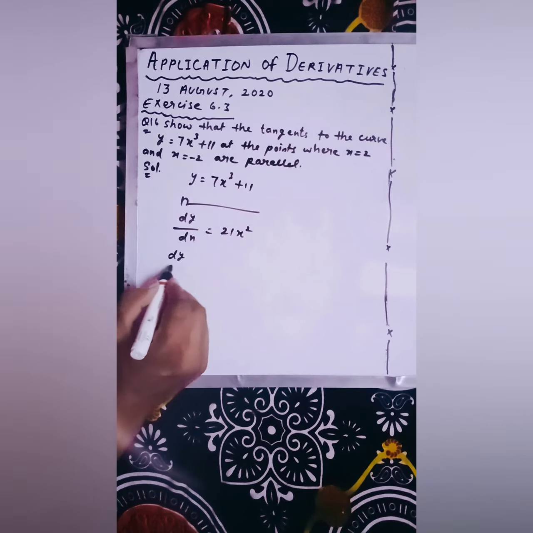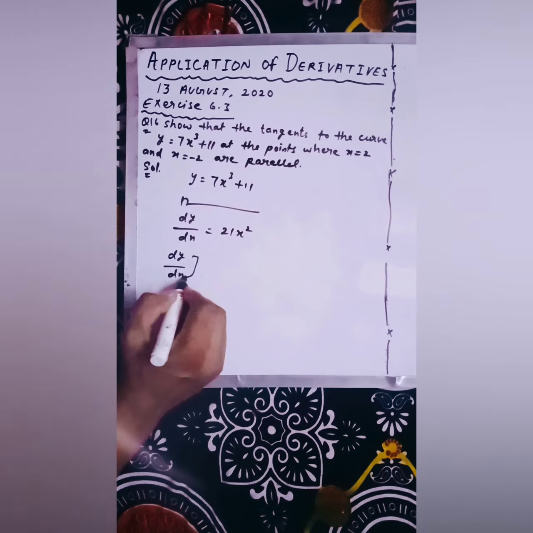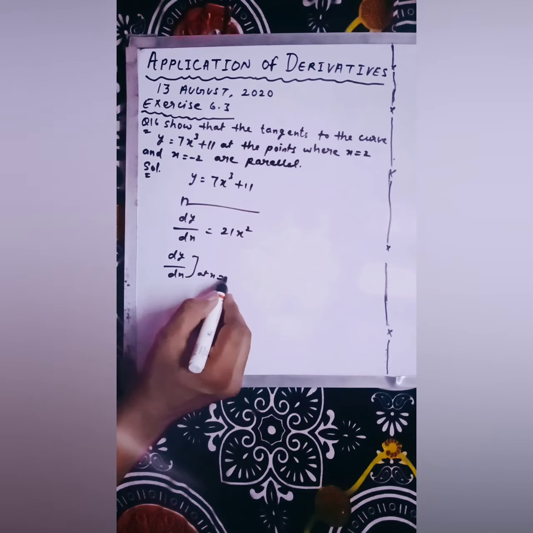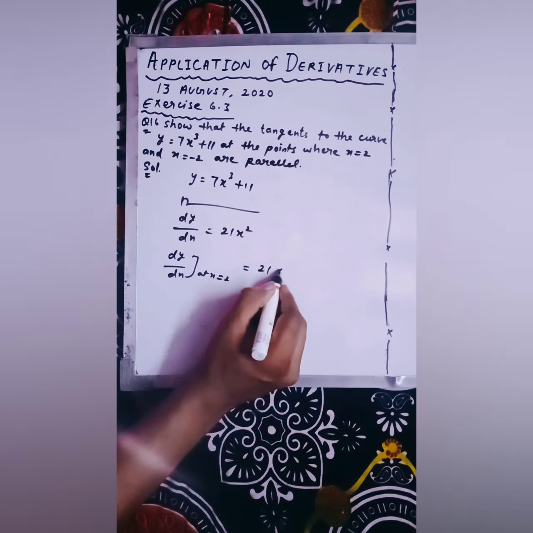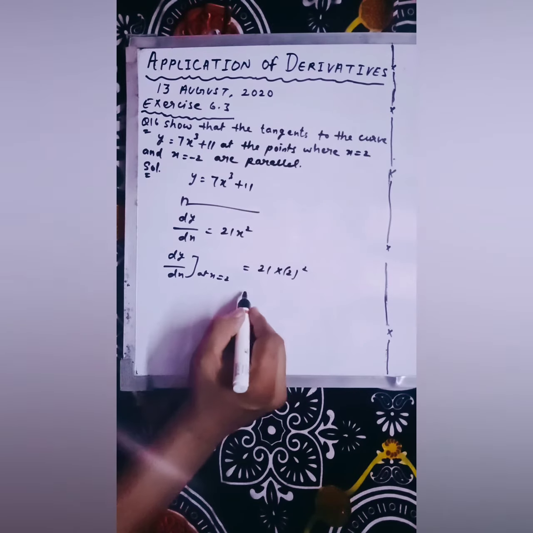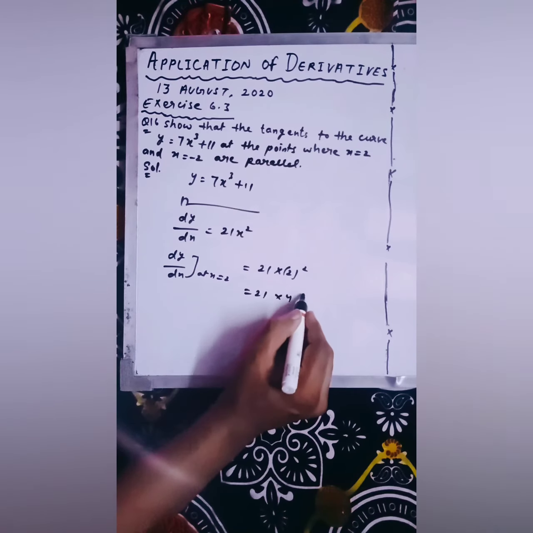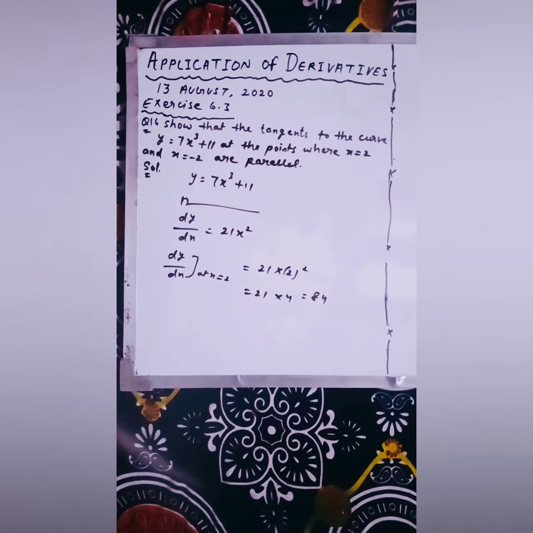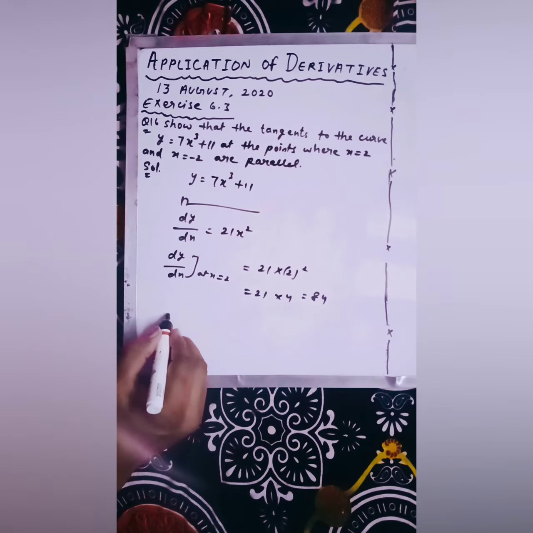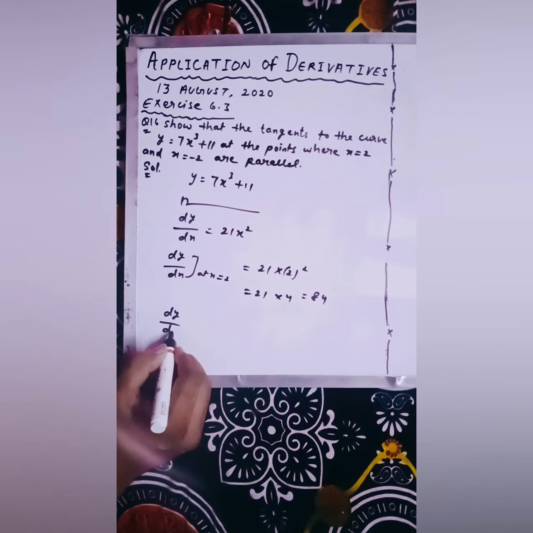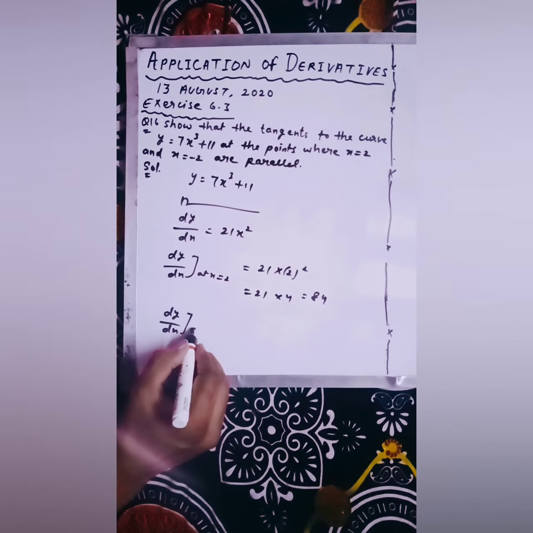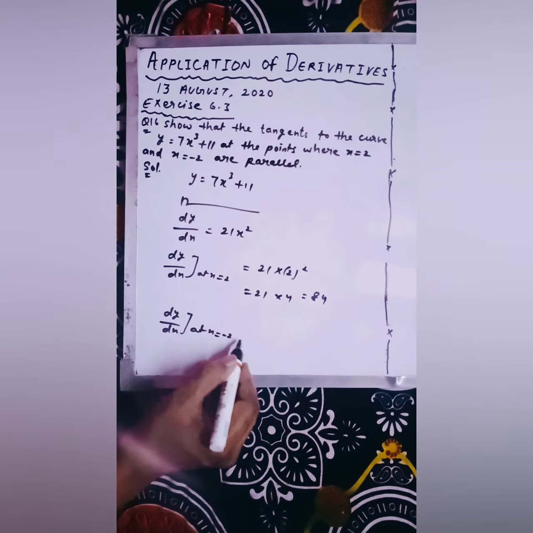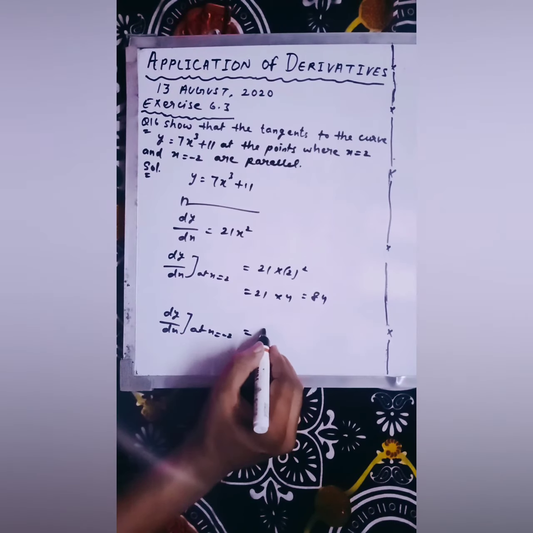So what I am doing, I am just putting x equals 2 in this derivative. So put 2 here, and you will get 84. Fine. Similarly, in this derivative, I am putting x equals minus 2.